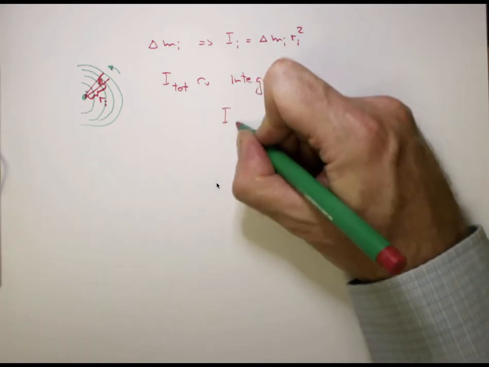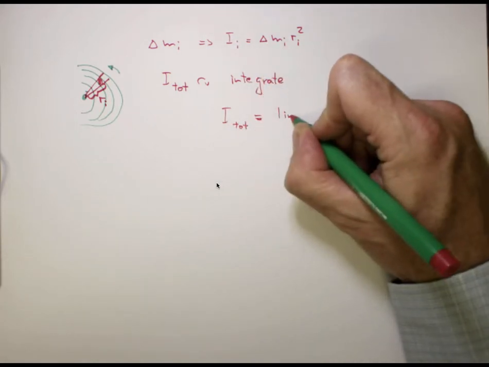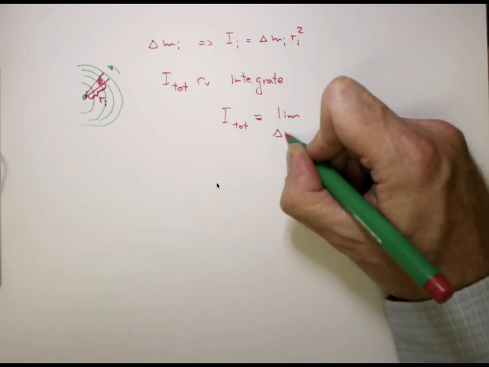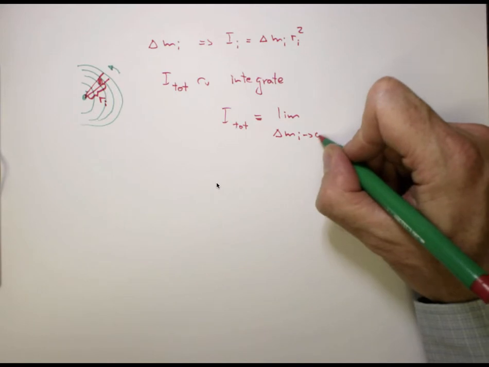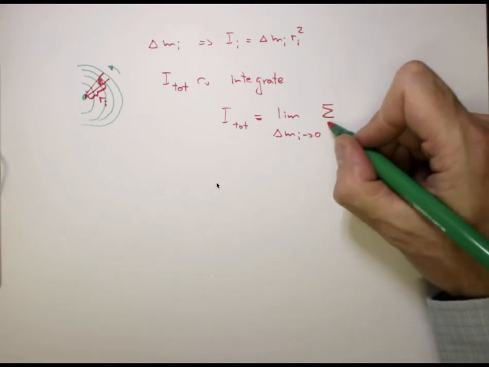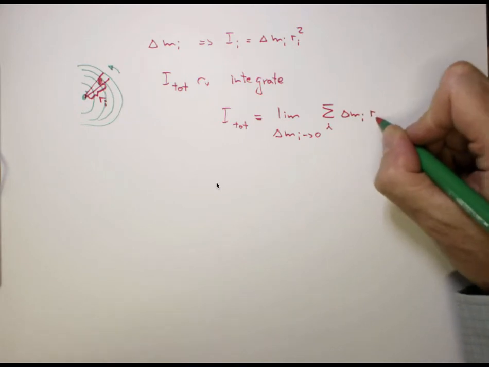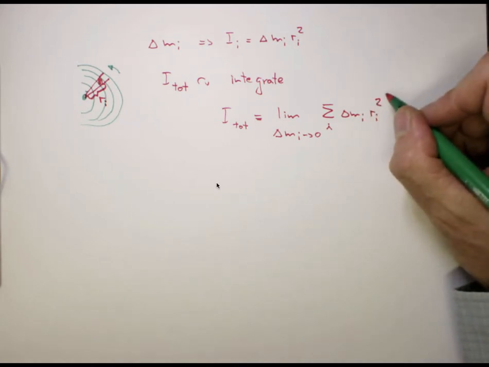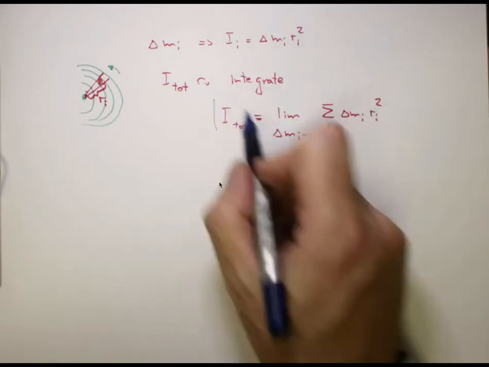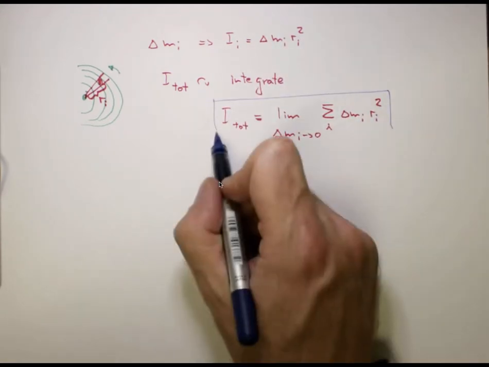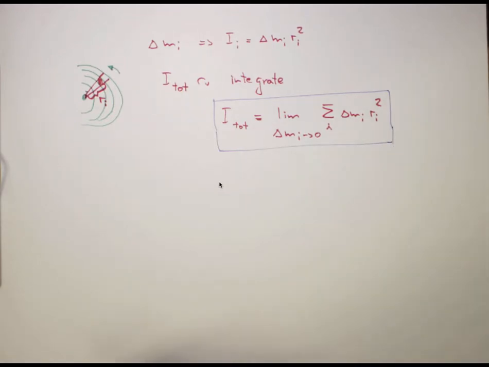So I total is equal to the limit of this mass contribution delta mi becoming smaller and smaller, and while we're making them smaller, we're adding them all up by considering also the radial distance ri squared. So that is the total moment of inertia for any type of mass distribution.